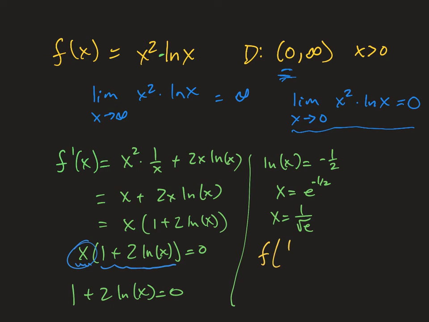So f of 1 over the square root of e, that's going to be, when you plug that into x squared, you get 1 over e. And when you plug that into the natural log of x, you get negative 1/2. Right? We already know that back up here. So the natural log of 1 over the square root of e is negative 1/2.